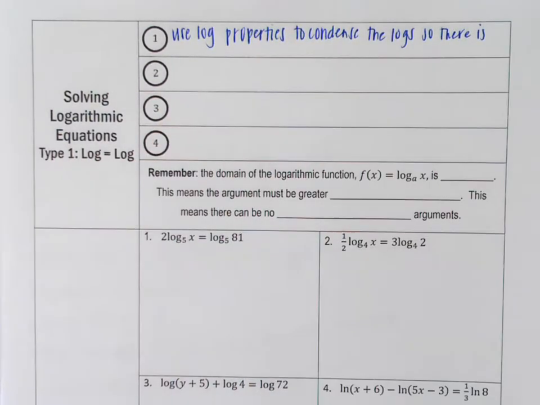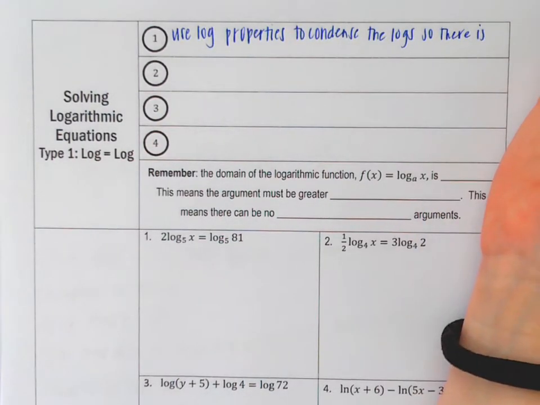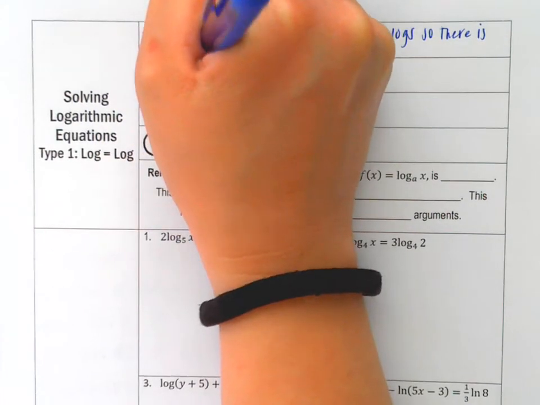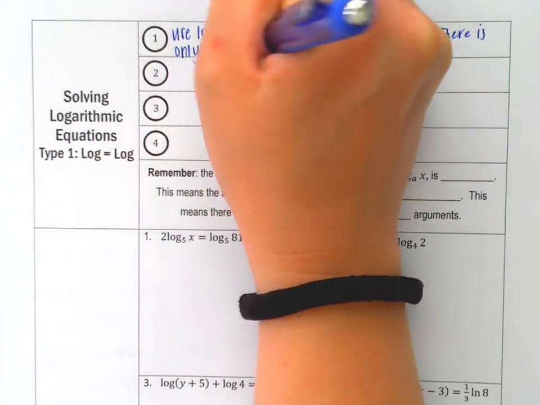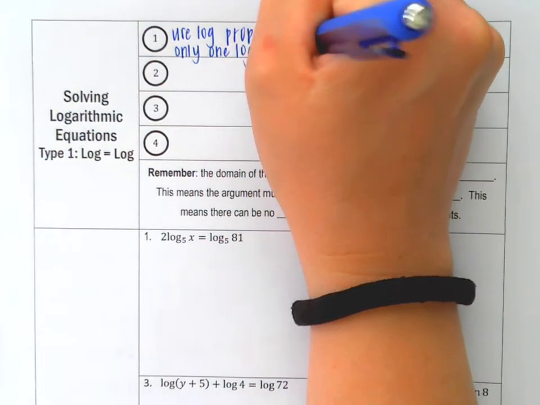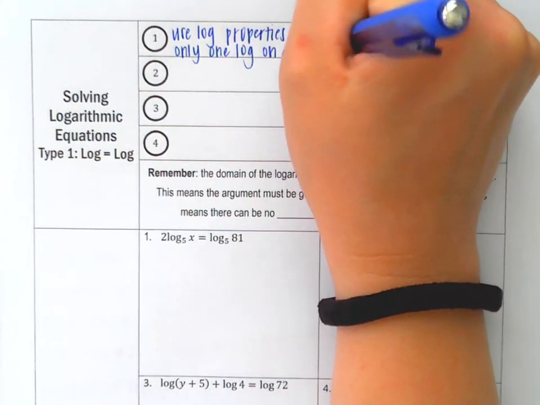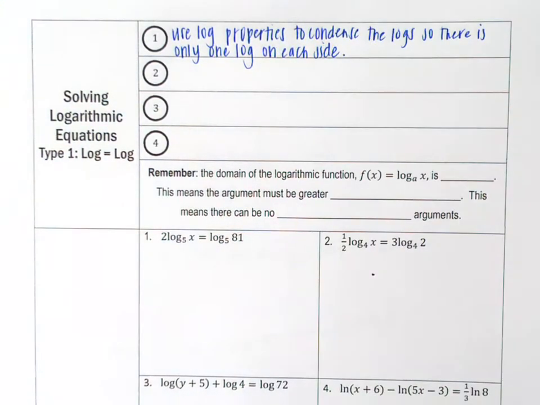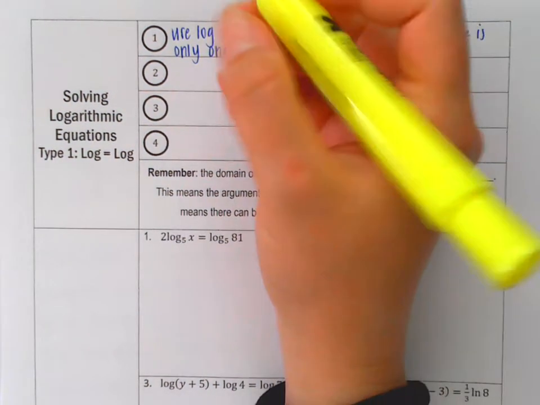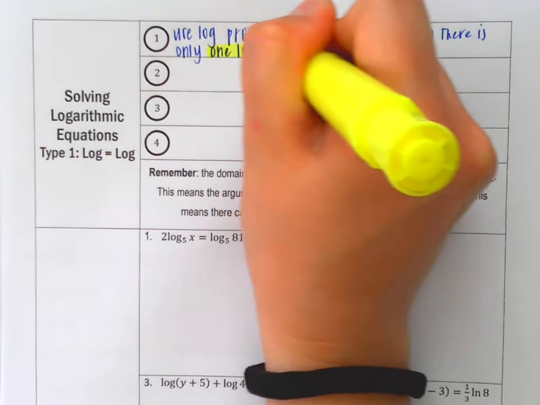So use log properties to condense the logs so there's only one log on each side. That's really your first big step.